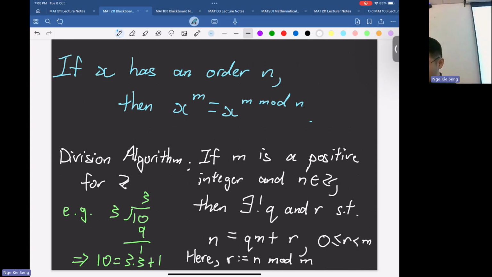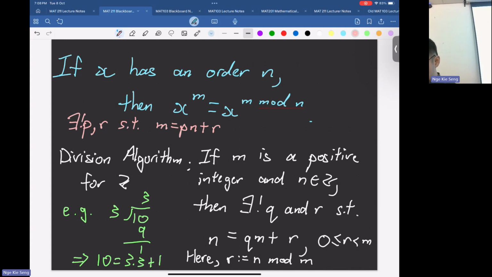So to prove this blue statement here, you first need to write m as what? There exist p and r such that m equals p times n plus r, like that.